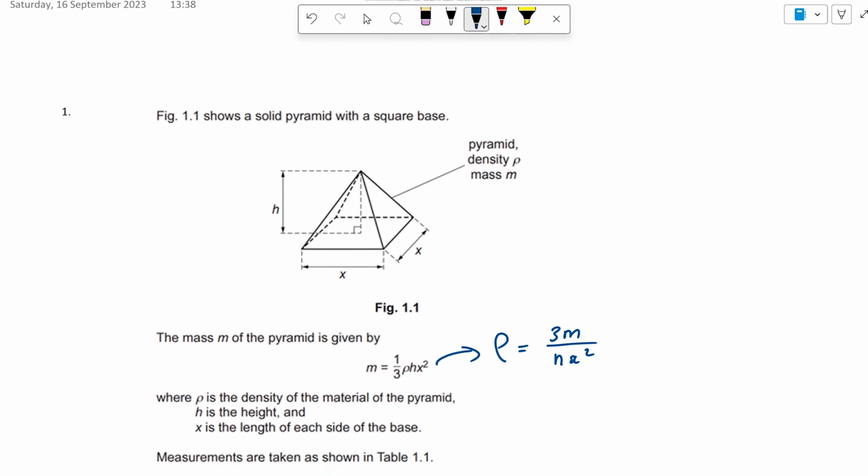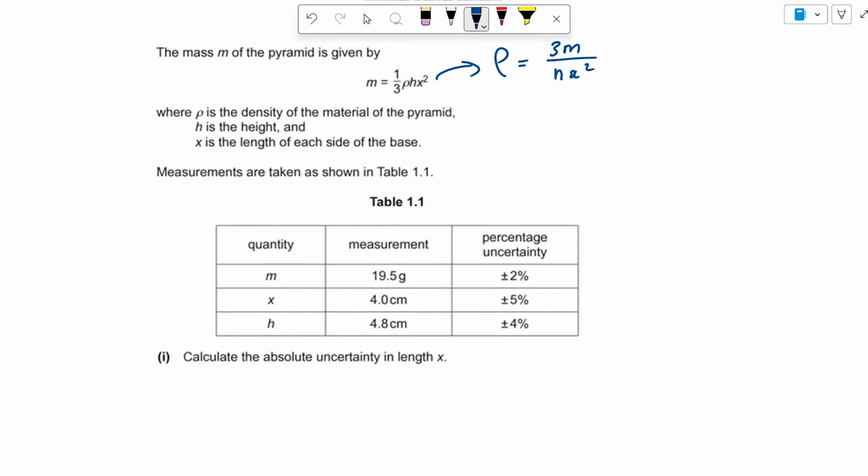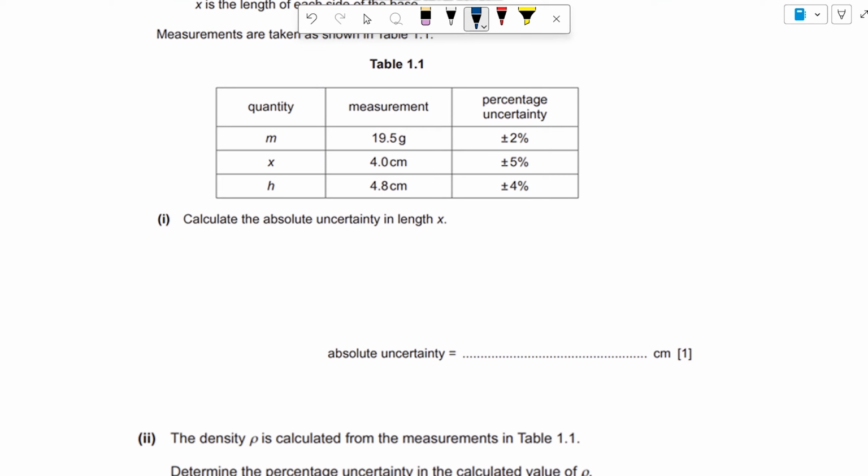So let's start working some past paper questions. Okay, the first question, calculate the absolute uncertainty of length x. So this length here. But the problem here is that we've been given the percentage uncertainty, so how can we do this? Well, delta P over P is equal to delta X over X. Now, the delta X over X is your fractional uncertainty.